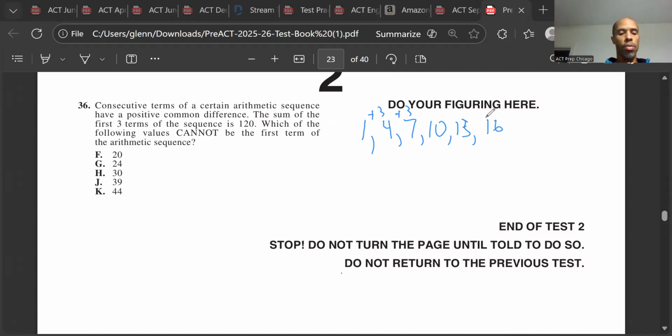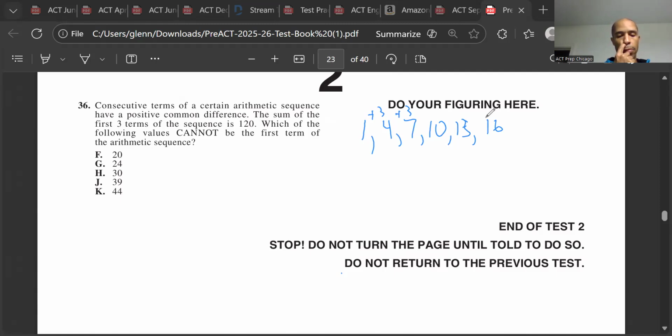But there's another way you can do it too. Sum of arithmetic sequence formula, right? I don't know if that's going to work. It says the sum equals the number of terms over 2, times the terms. How many terms you want, which is 3.